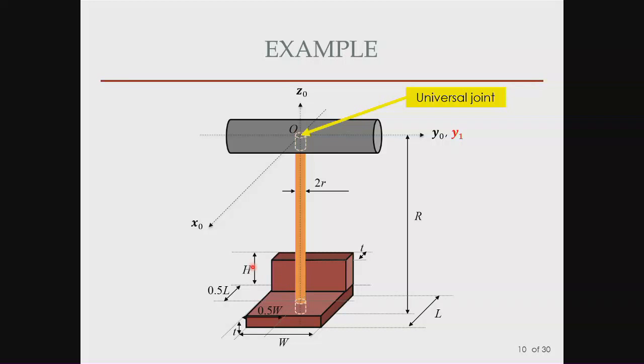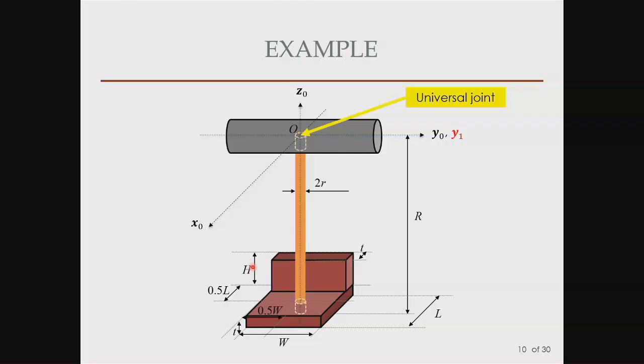So what are the frames here? This is frame 0. Frame 0 is a fixed frame, fixed in space, it doesn't move. Then frame 1 is an auxiliary frame.